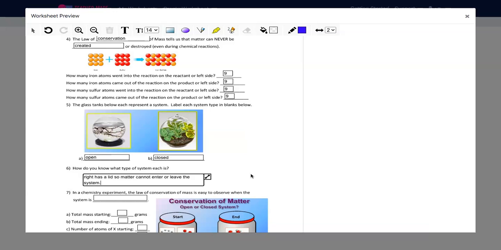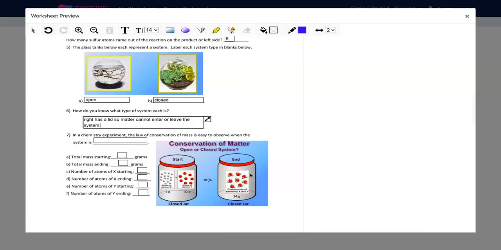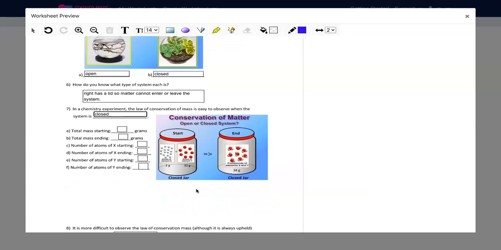So in a chemistry experiment, the law of conservation of mass is easy to observe when the system is closed. Okay? So if we look at this little diagram right here, we have a closed system of kind of before and after. And we can see we have 2 reactants here. We have element X and element Y. And when they react with each other, they form a new compound.